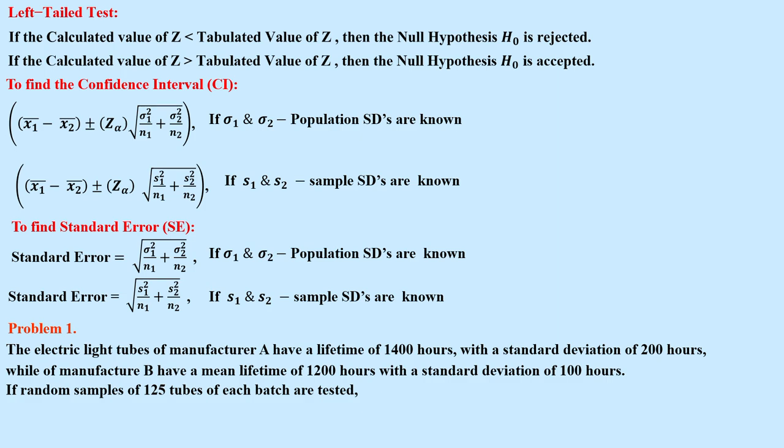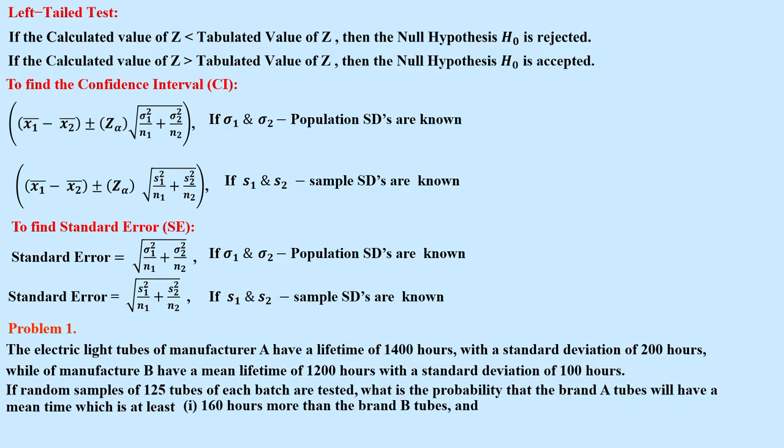If a random sample of 125 tubes of each batch is tested, what is the probability that the brand A tubes will have a mean lifetime which is at least, first question, 160 hours more than the brand B tubes, and second question, 250 hours more than the brand B tubes.